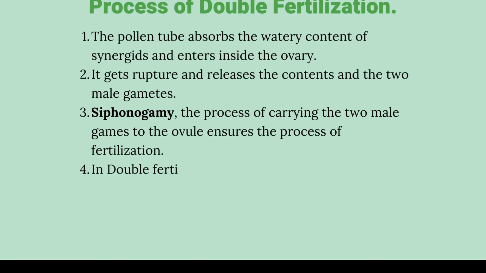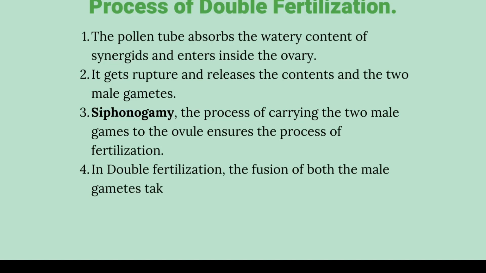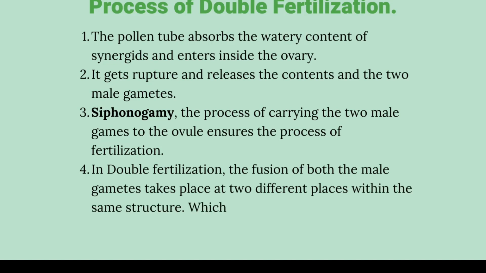Siphonogamy, which is the process of carrying the two male gametes to the ovule, ensures the process of fertilization. In double fertilization, the fusion of both the male gametes takes place at two different places within the same structure, which is the main characteristic feature of angiosperms.